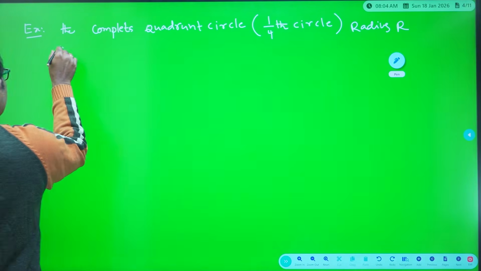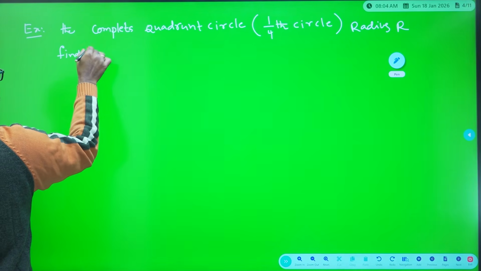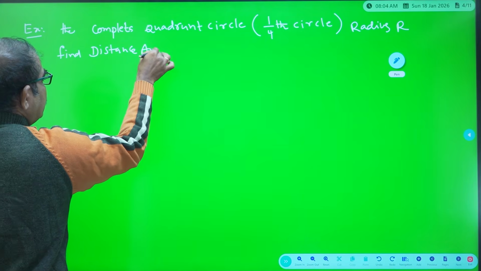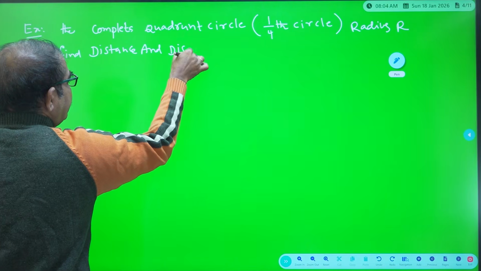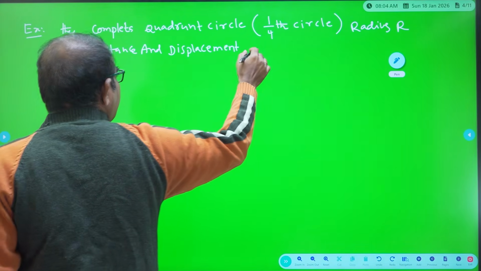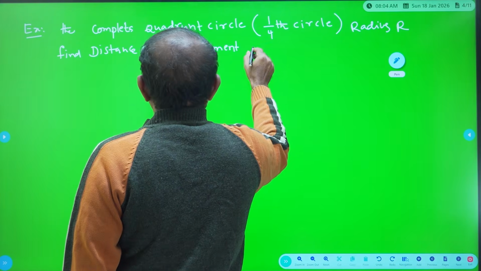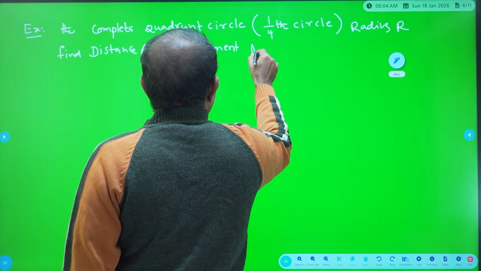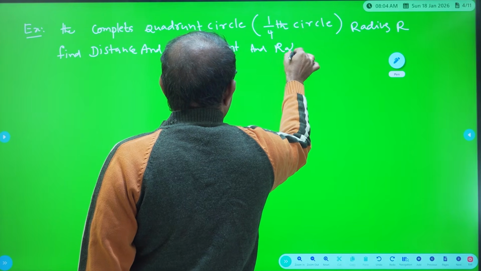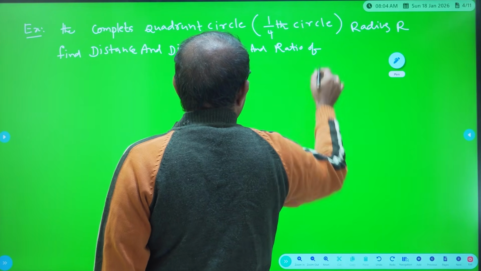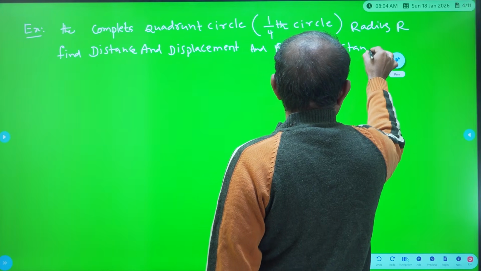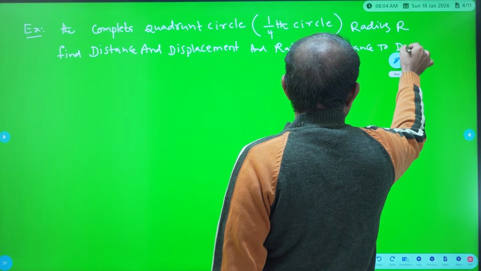Find the distance and displacement, and the ratio of distance to displacement.